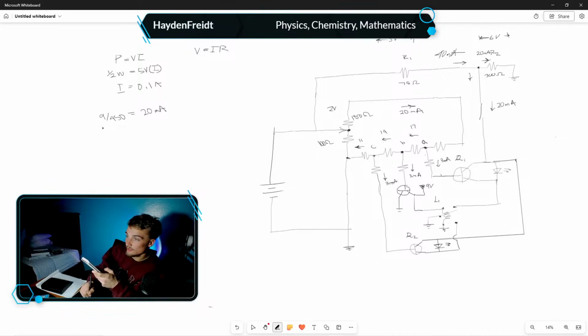I just need to contemplate these stages. 390 equals 23 milliamps, again approximations. And then let's get rid of another 30. So 9 divided by 360 is 25 milliamps. It's all pretty close.